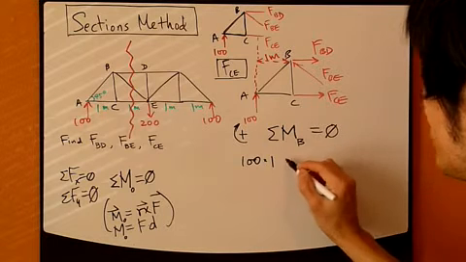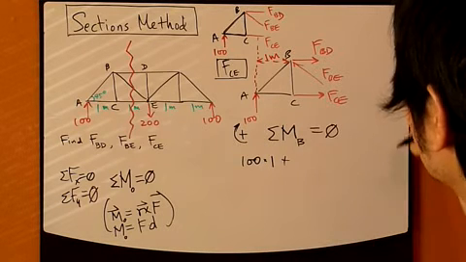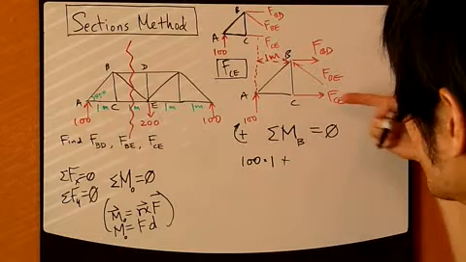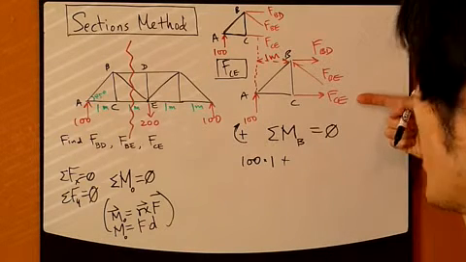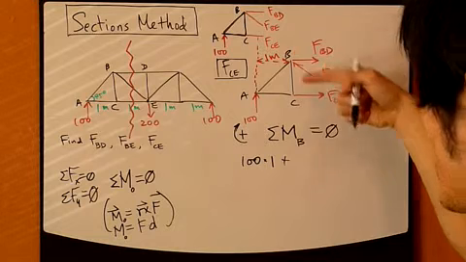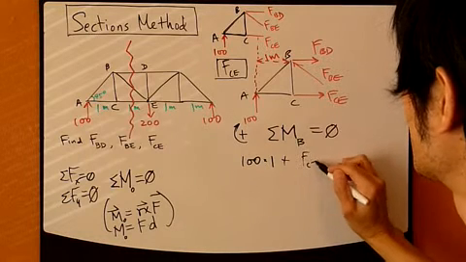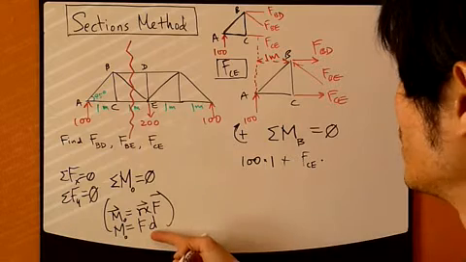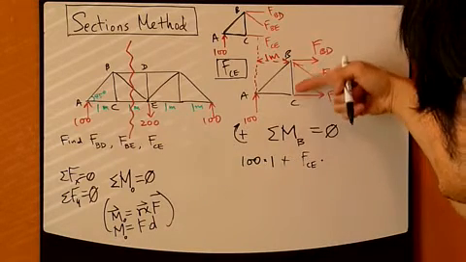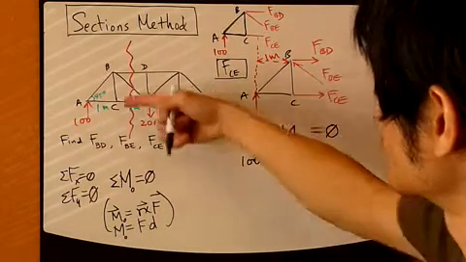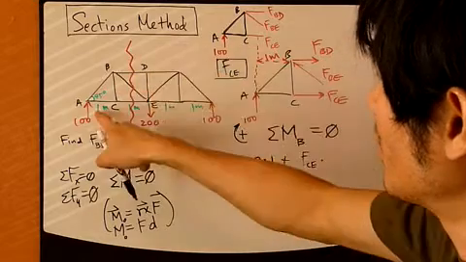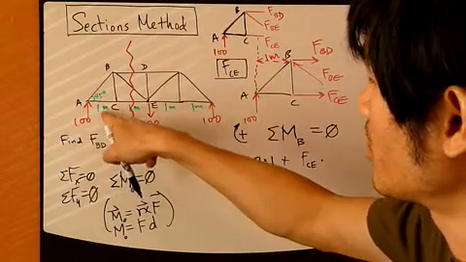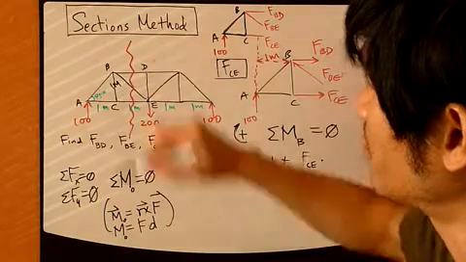Next, second term, FCE. That's the unknown, right? So FCE will create a moment about point B. So FCE times D, F times D. The shortest distance is this length of BC. Knowing that this triangle is a 45, 45, 90 triangle, 1 meter means this is 1 meter tall.